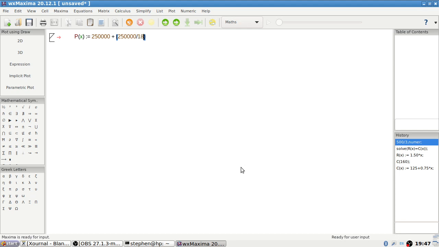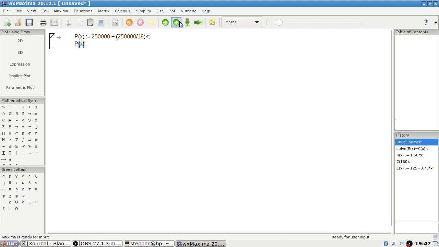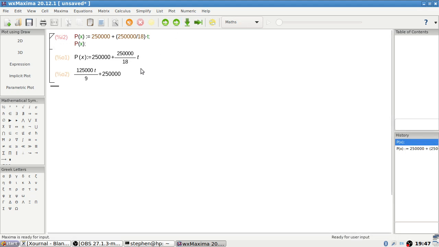So 250,000 divided by 18 is how much it's gaining per year. Let's run this now. So that's the slope.